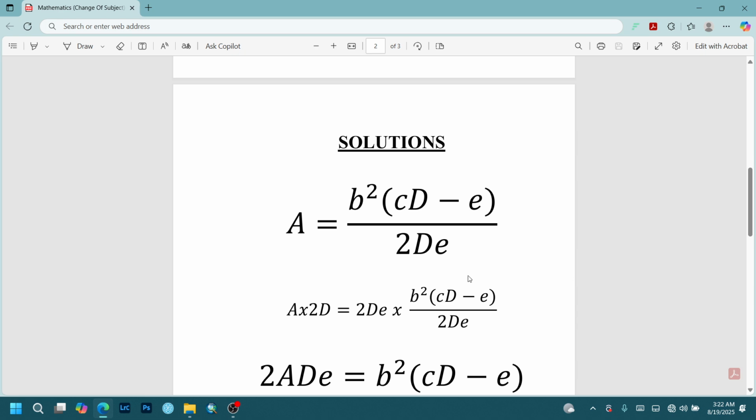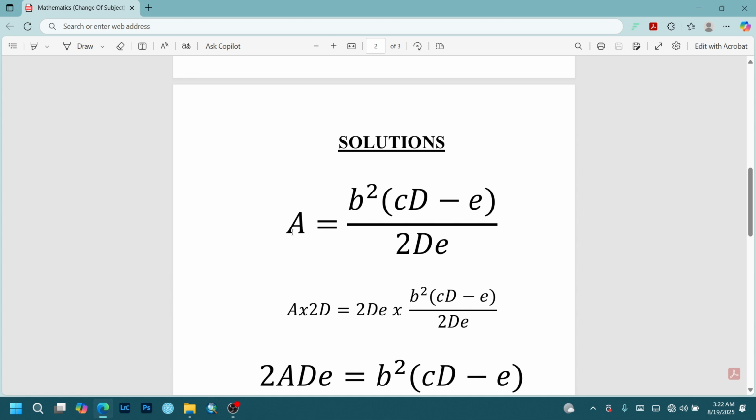So what you have to do is to multiply each side by the LCM, the least common factor. The least common factor is the factor that would actually go into all the denominators, right?